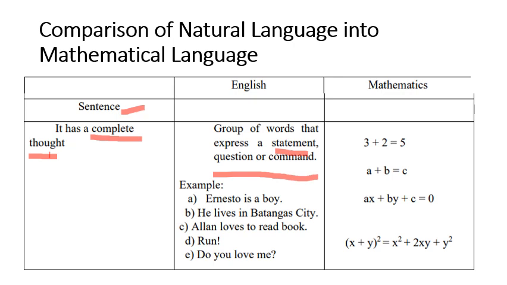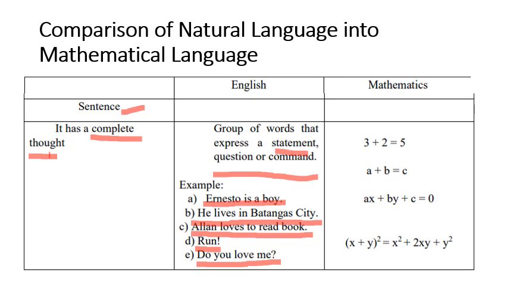So, kanina, Ernesto lang. Dun sa expression, pagdating sa sentence, sinabi mo, Ernesto is a boy. Oh, so that is already a complete thought. He lives in Batangas City. Then, Alan loves to read book. Or you can just say a command, run. Or you can ask, do you love me?